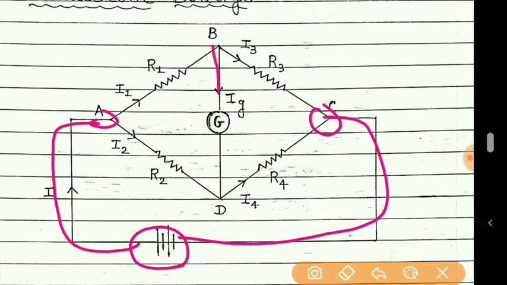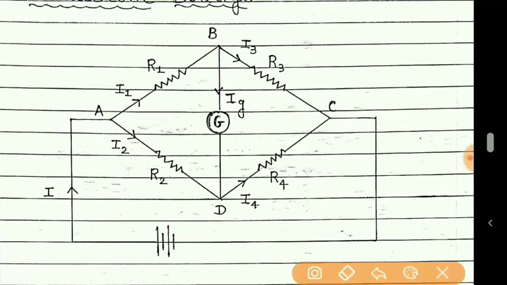You can see this is a diagonal. Along this diagonal, that is from point B to D, in between there is a galvanometer connected.